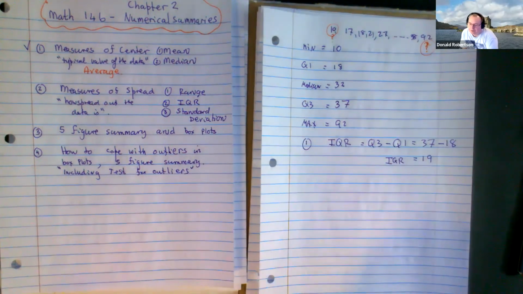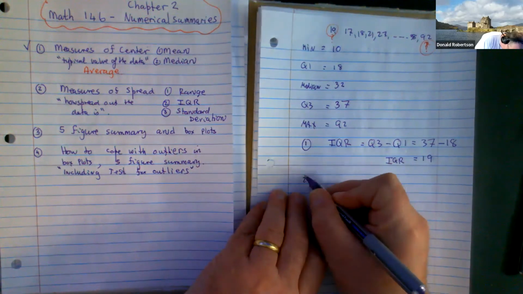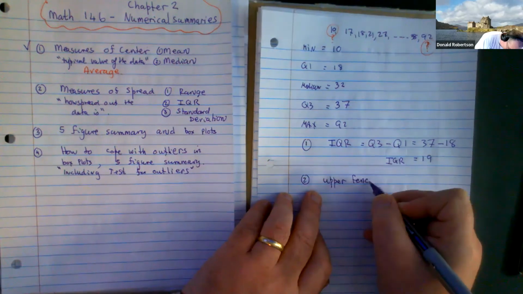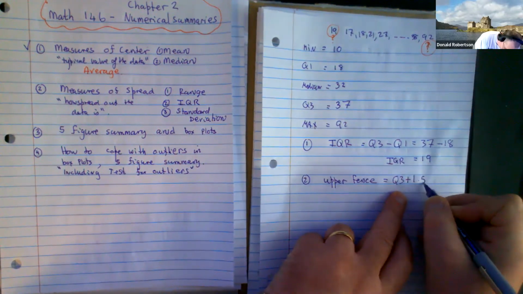Are you comfortable about how to calculate IQRs now? It's just a formula, Q3 take away Q1. Now, step 2, you get a guy called the upper fence. That's his name. The upper fence is Q3 plus, I know it's a bit weird, 1.5 times the interquartile range.